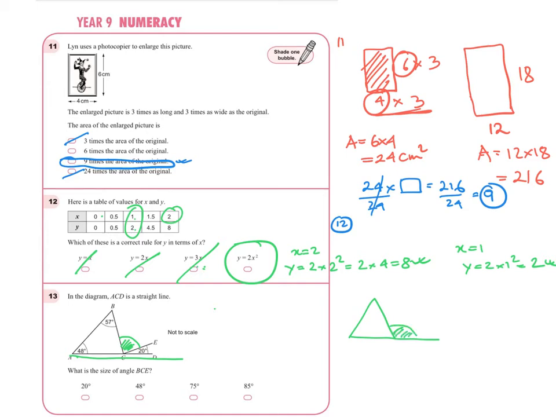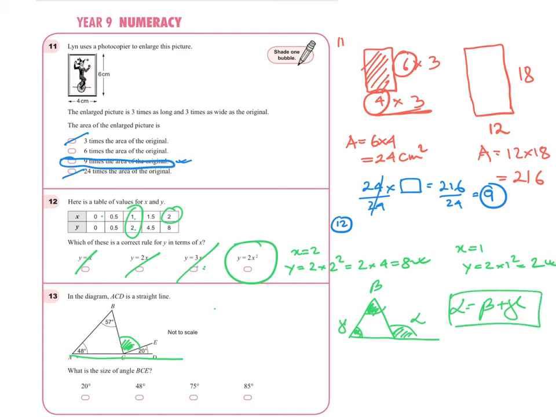The exterior angle of a triangle is equal to the sum of the opposite interior angles. If I label this one alpha, and this one beta and gamma, we are saying that alpha is equal to beta plus gamma. Let's see how that helps us here.